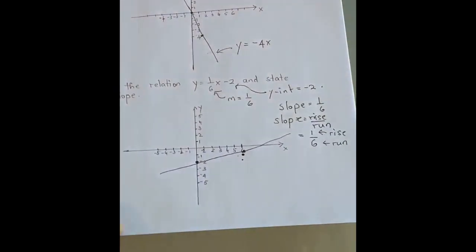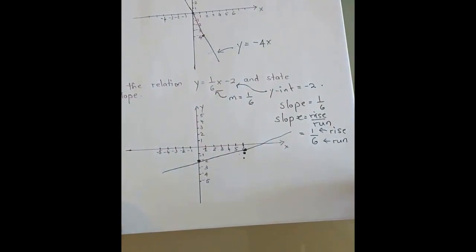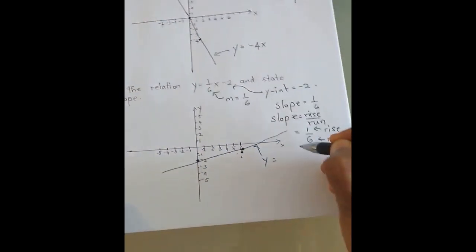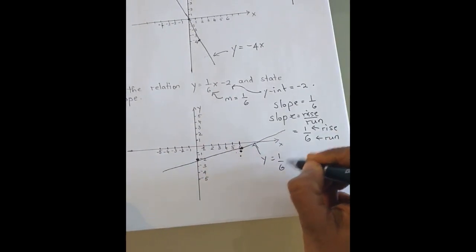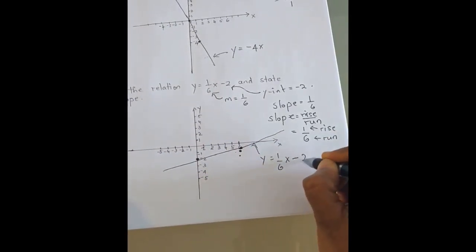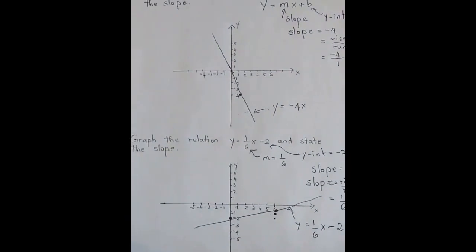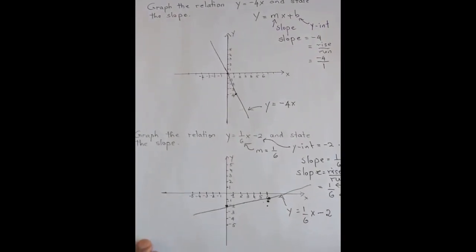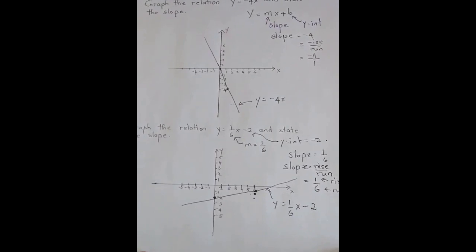Okay, you have to use a ruler to draw the line. So that would be y equals 1 over 6x minus 2. That would be the solution to these questions.